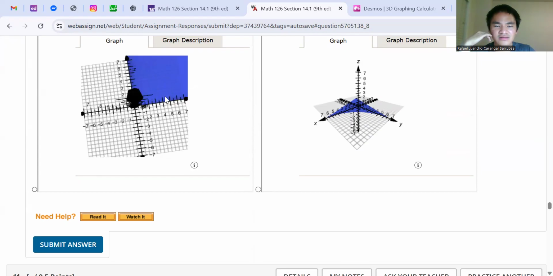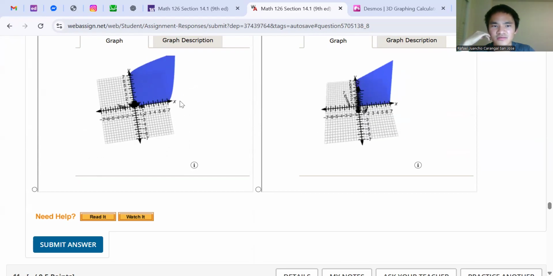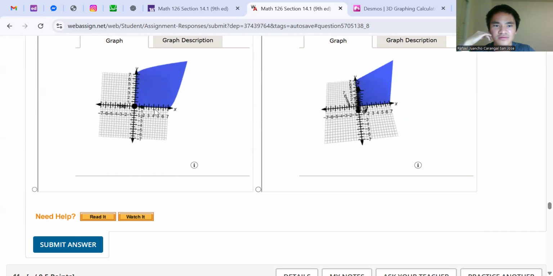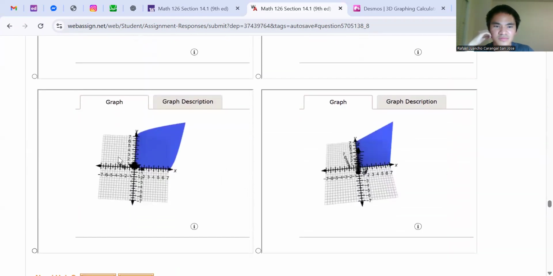It's kind of slanting. You can see that. Here it's straight, right? I'm just judging it based on the curve. This one's slanting, this one's straight. What's this? I think it's slanting. I'm gonna say it's this one.